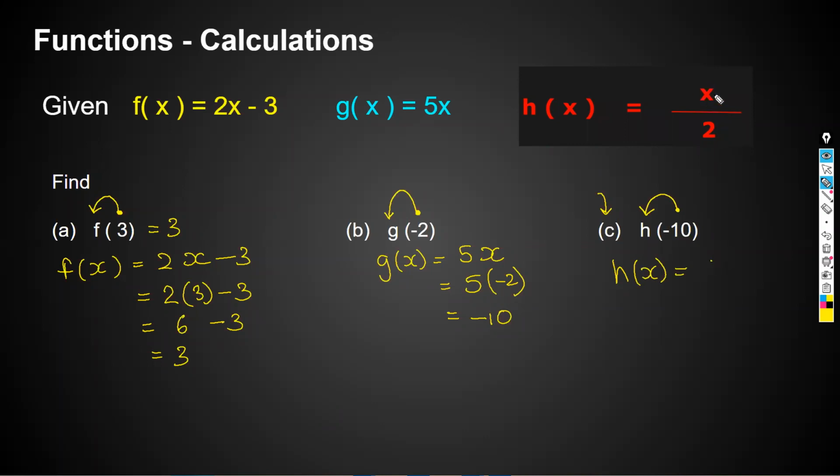So you have an x here, throw away him, put minus 10. You can put it in brackets, right? And divide it by 2. It's proper to put it in brackets. So h(-10) is minus 10 divided by 2 is minus 5. That's the final answer. h(-10) is minus 5.